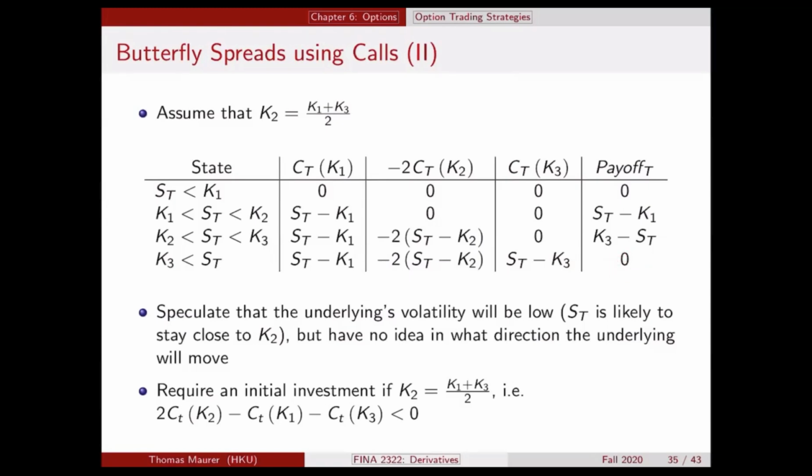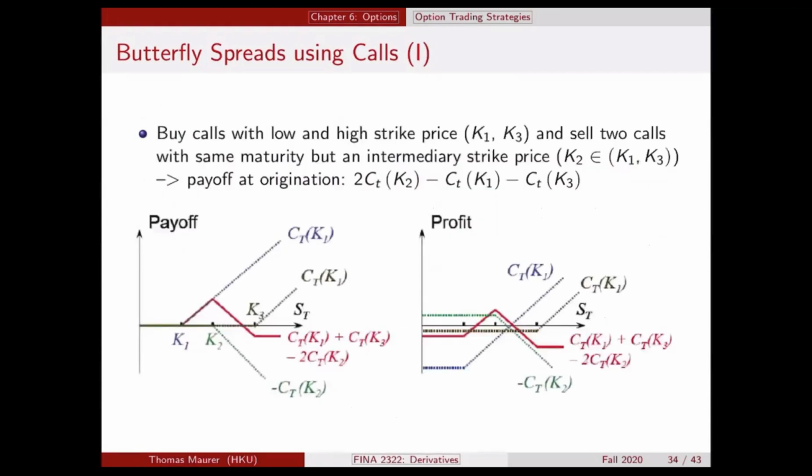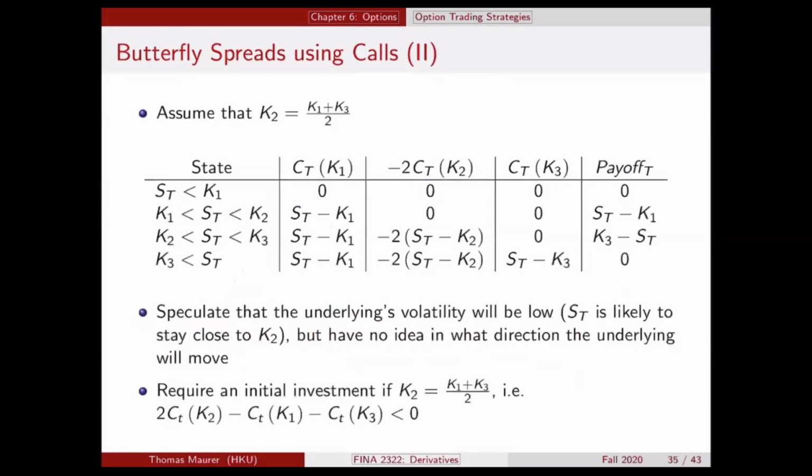If you add up everything, this yields exactly 0. And again, this is the special case where K2 is exactly in the middle between K1 and K3. In the case over here, actually, we get a negative payoff because K2 is somewhat closer to K1 than to K3. Now, if you look at this particular butterfly spread, in this case, we actually always have a 0 or positive payoff.